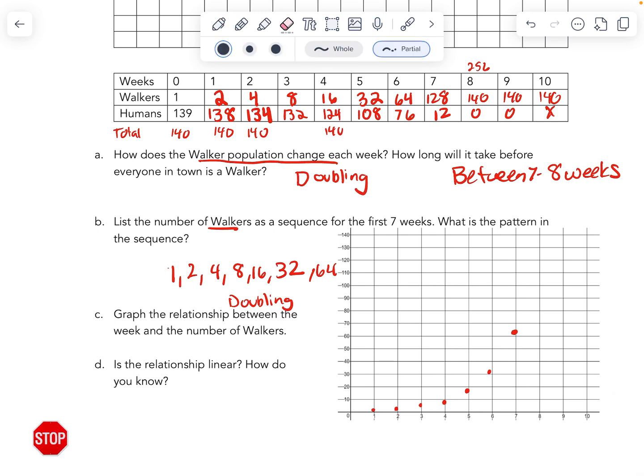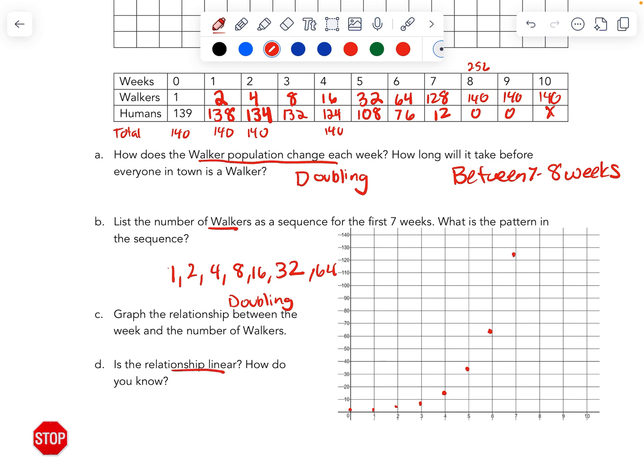Let me try this again. 2, 4, 8, 16. Oh, I know why. At week 0, there was 1, so I should have started back here. At week 0, there was 1, then 2, 4, 8, 16, 32, 64. Week 7 is 128.